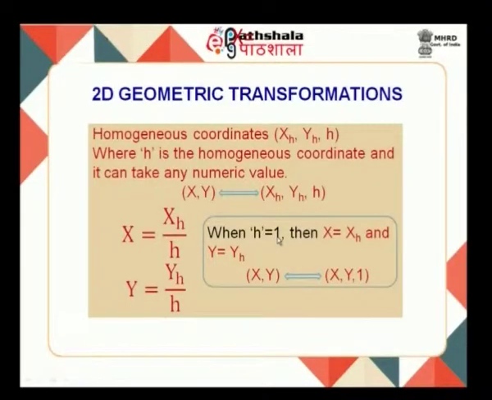If you choose h to be 1, then x becomes x_h and y becomes y_h. So the x and y of the Cartesian coordinate system, when converted to the homogeneous coordinate system, become x, y and an additional 1.